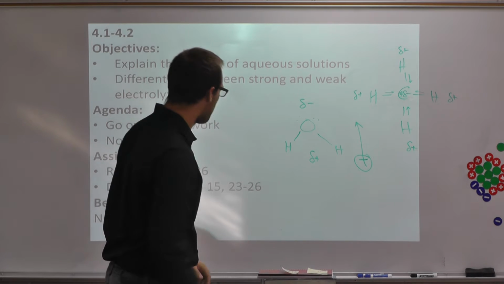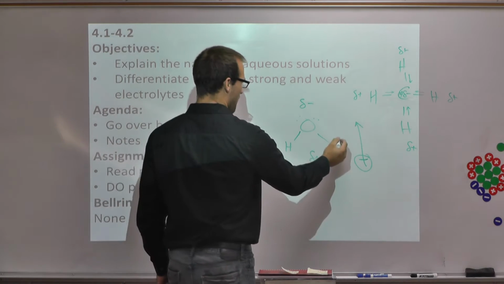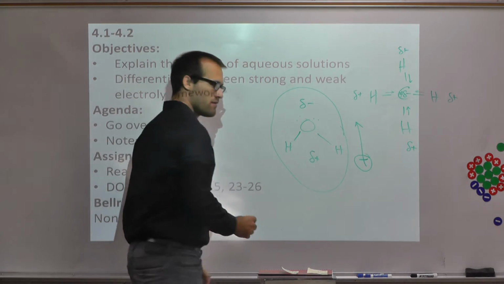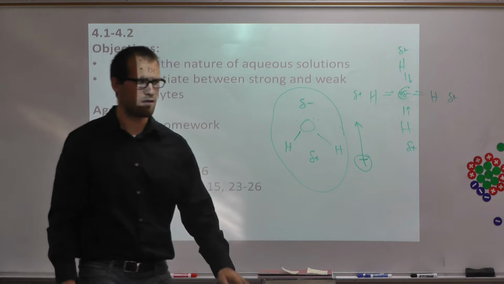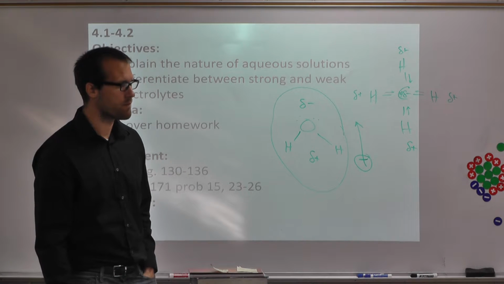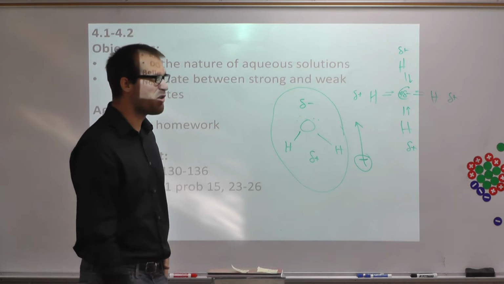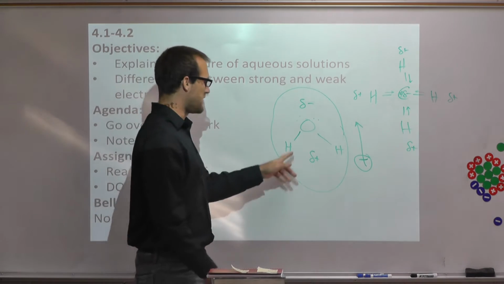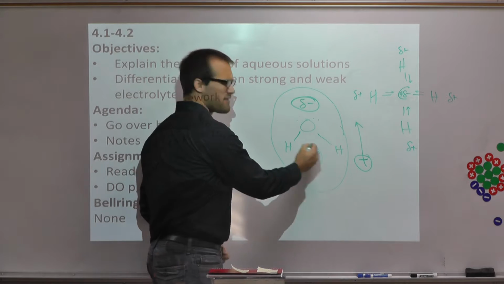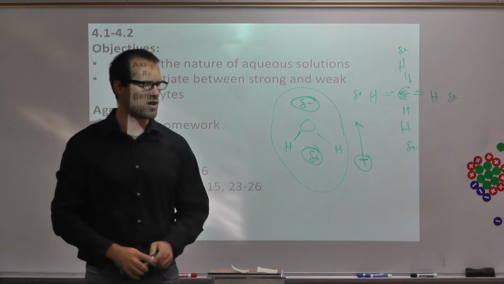Because of this, these guys then have a very, very good ability to dissolve things. Why? Because it's polar. Well, partly, but it's very polar. There's a big difference in electronegativity here, so these are strong charges, stronger than the typical polar charges.